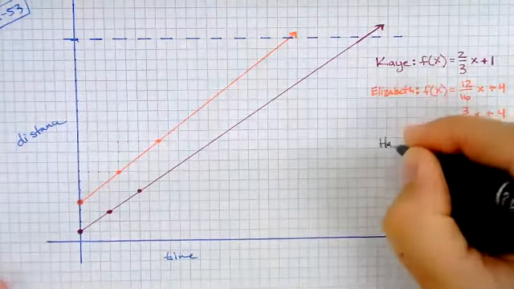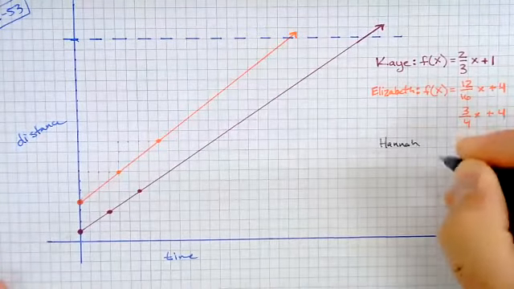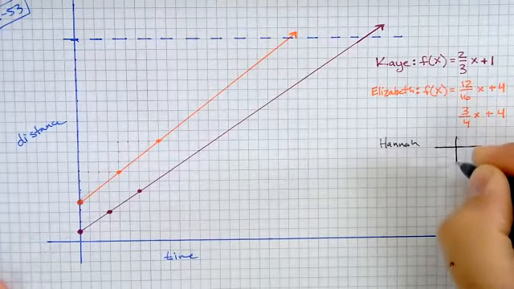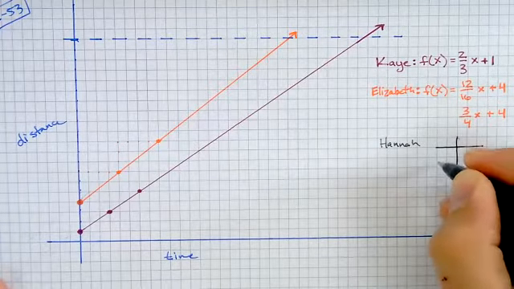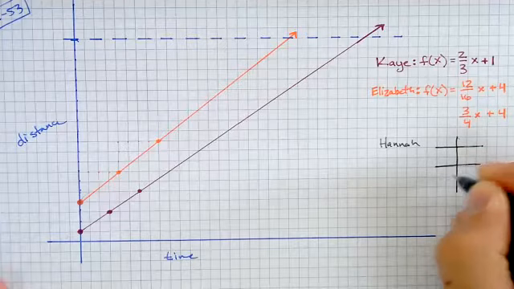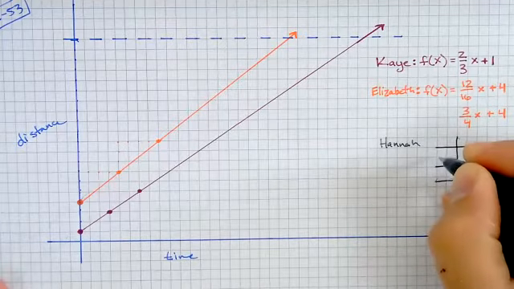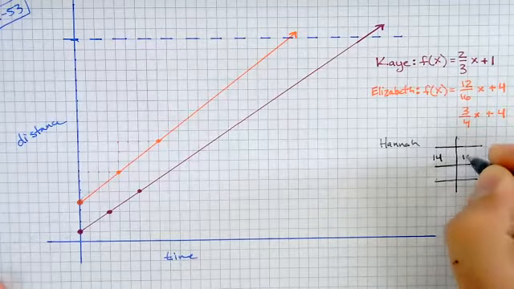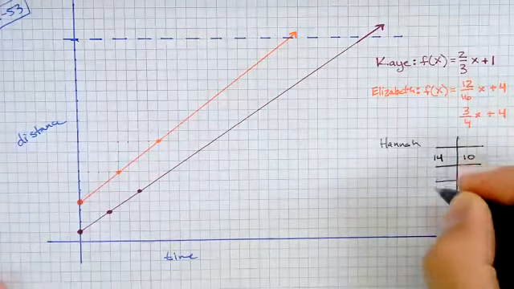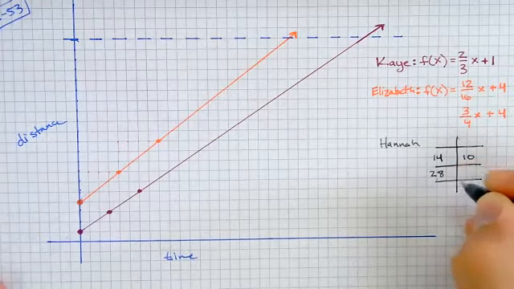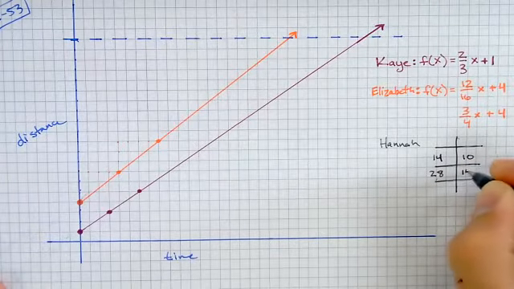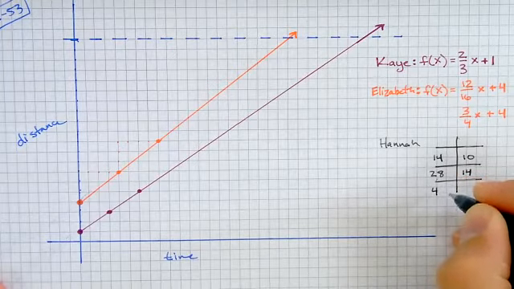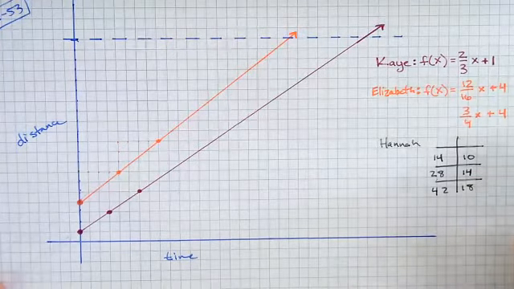Hannah says at 14 seconds she had gone 10 meters. At 28 seconds she had gone 14 meters. At 42 seconds, 18 meters.